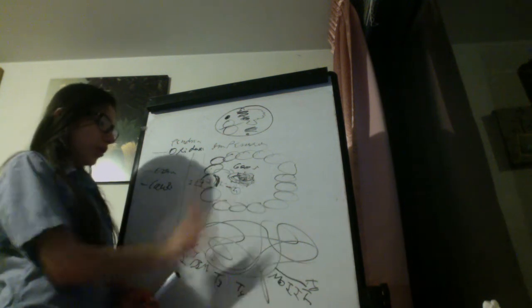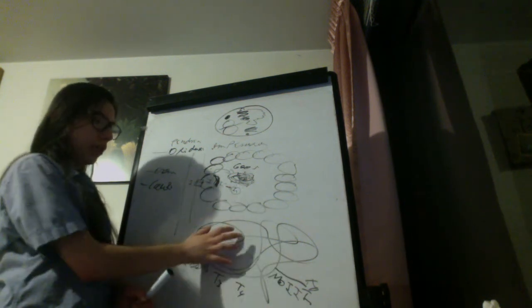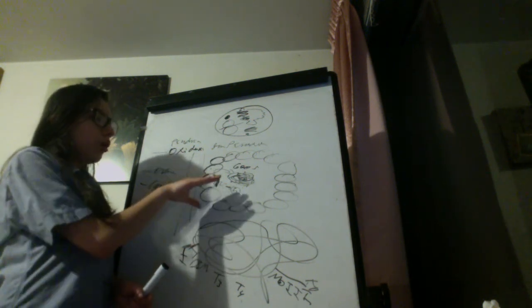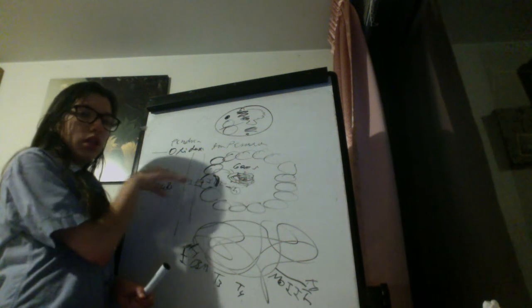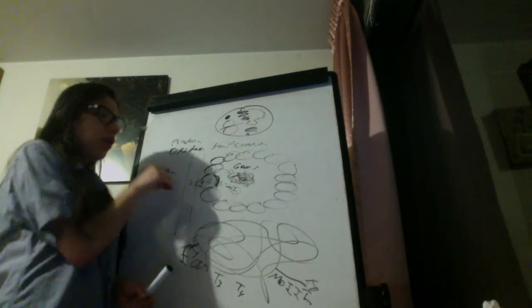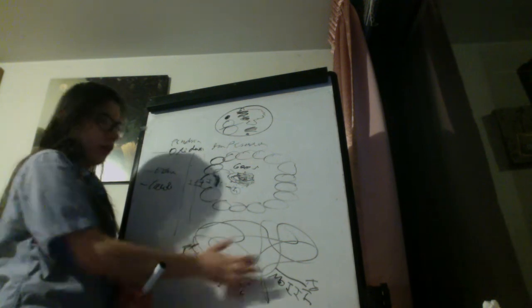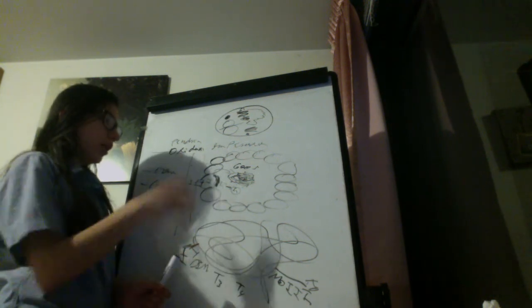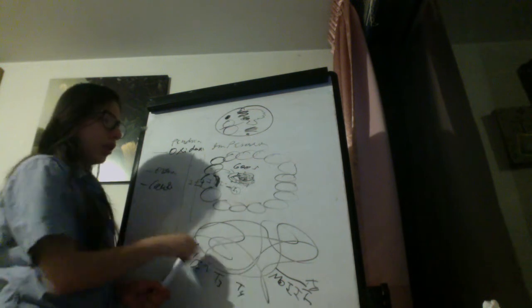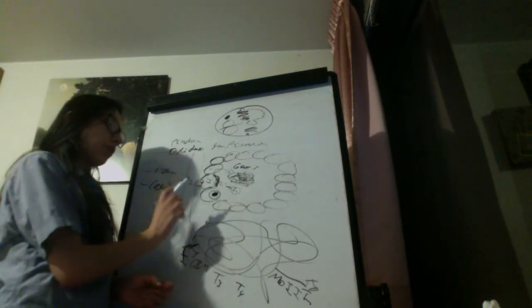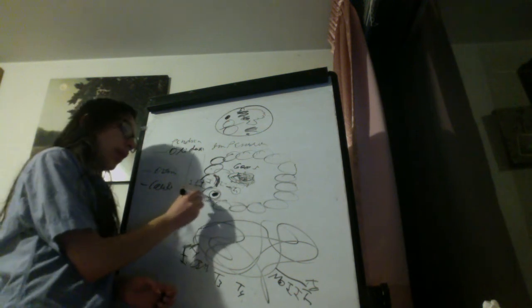Next, now that we have T3 and T4 embedded in the thyroglobulin, this cell is going to do pinocytosis. This pinocytosis is like drinking this colloid fluid with the thyroglobulin and T4 and T3. Next, this thyroglobulin is in a vesicle, and this vesicle is going to fuse with lysosomes.